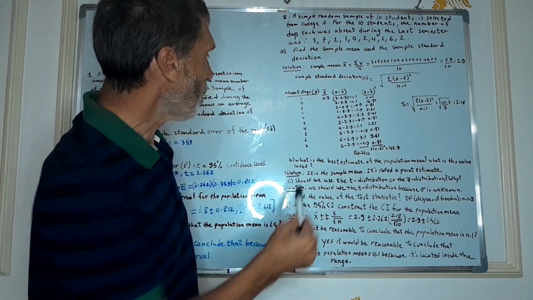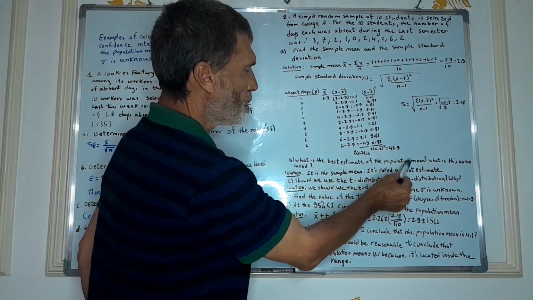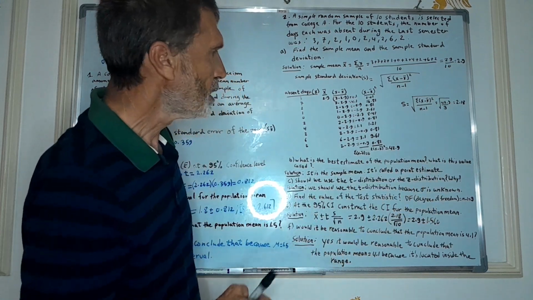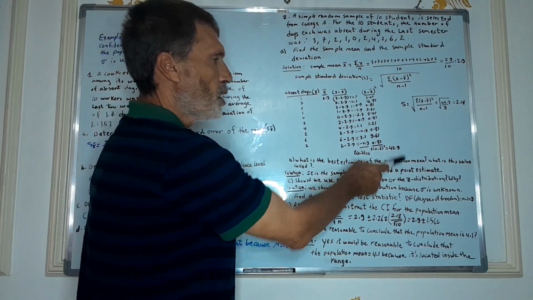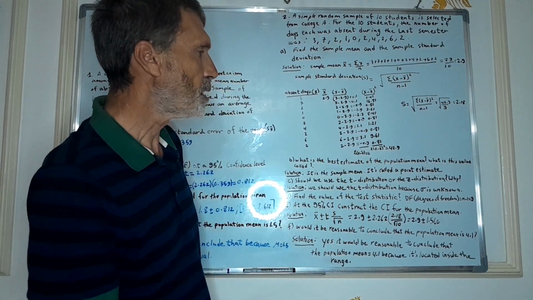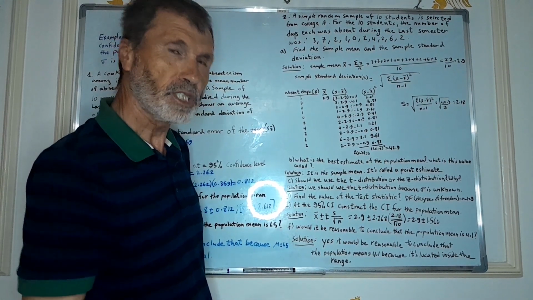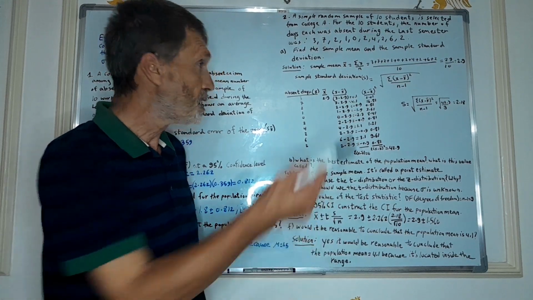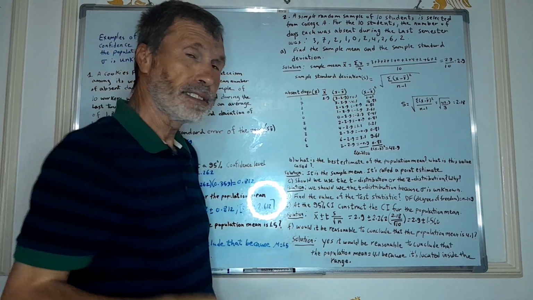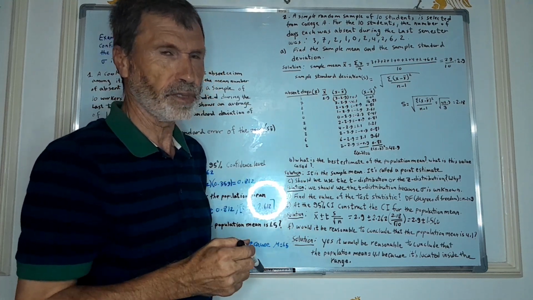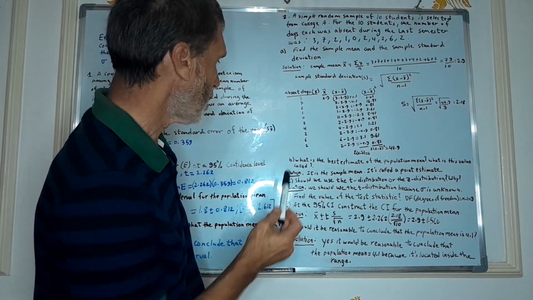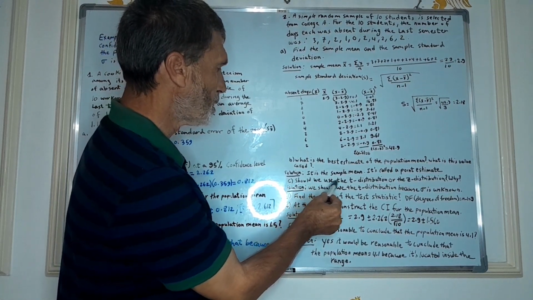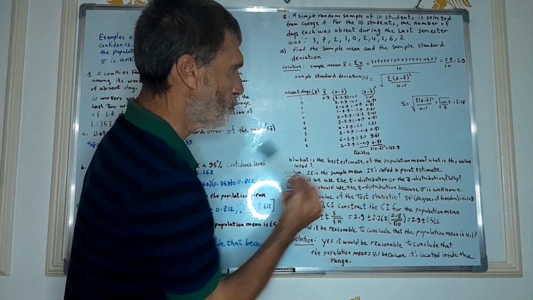Now, what is the best estimate of the population mean? What is this called? Of course, the best estimate of the population mean is the sample mean, which is called the point estimate. So the sample mean, we just calculated it over here, is the best estimate of the population mean. Great. Now, should we use the t distribution or the z distribution? Why?